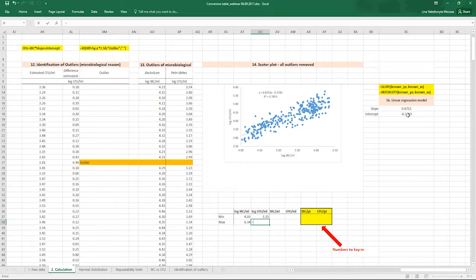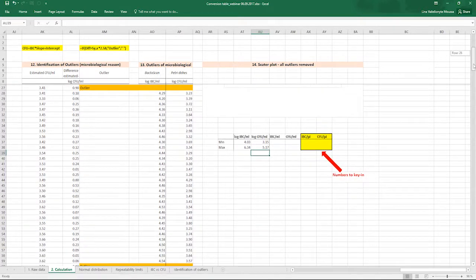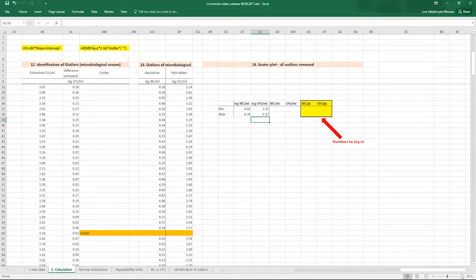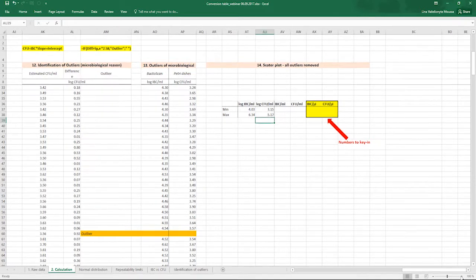The same we're doing for maximum value, slope multiplied by maximum value plus intercept. So we have logarithmic values IBC and CFU per milliliter.